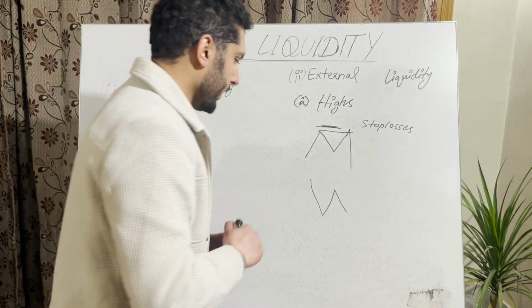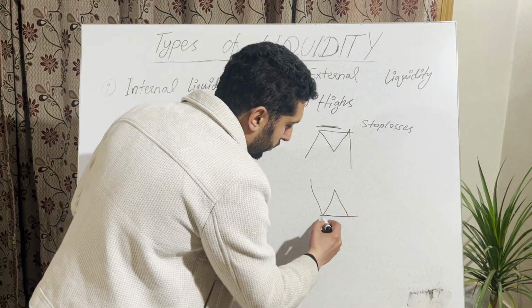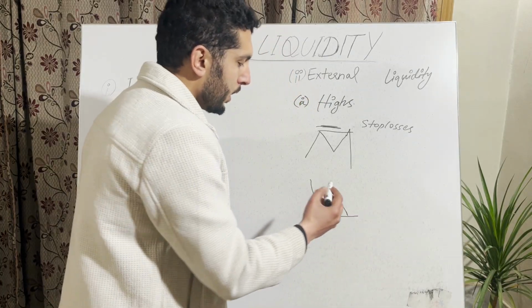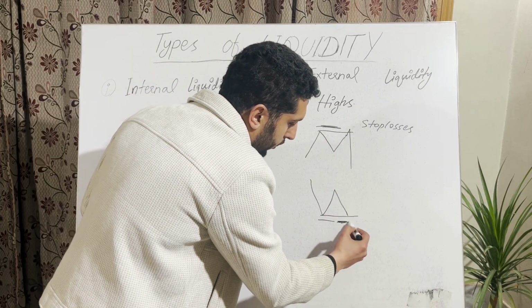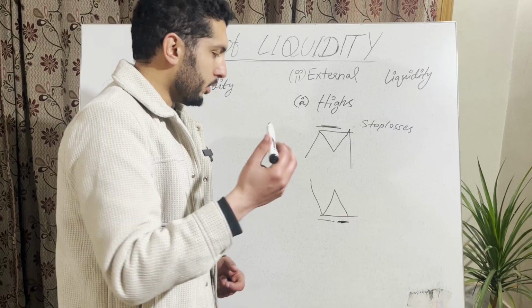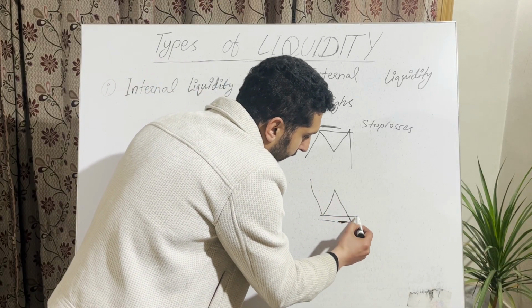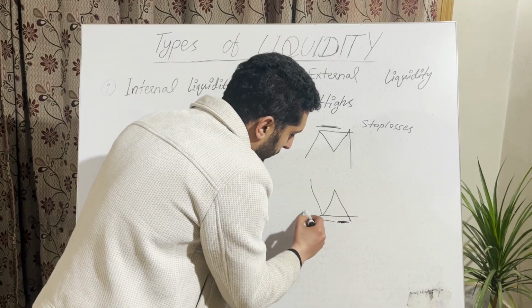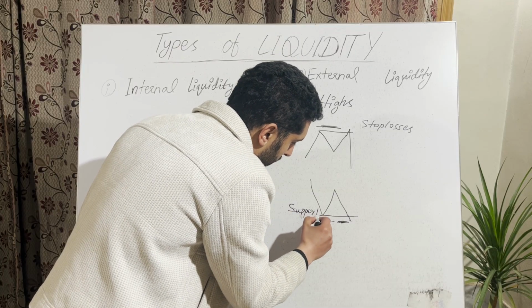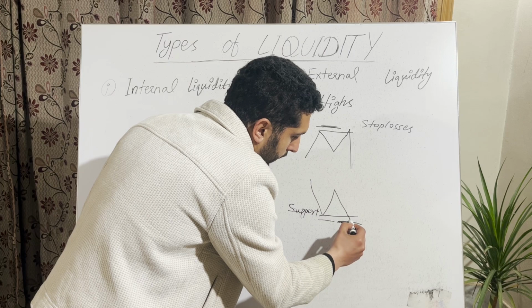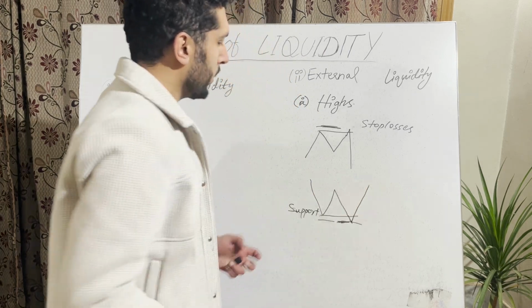The market knows that the traders would have placed their stop losses below the low, and there will also be many sell orders resting below the lows. So the market actually goes a little below the previous support, clears the external liquidity, and then reverses.